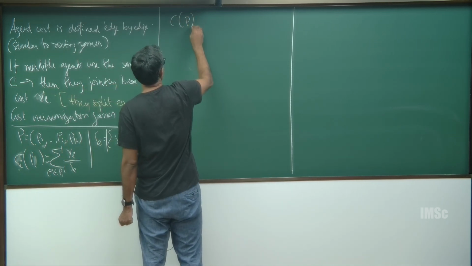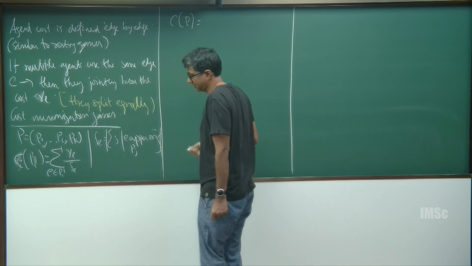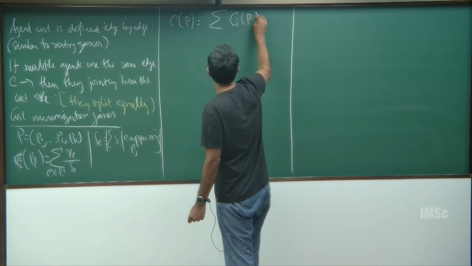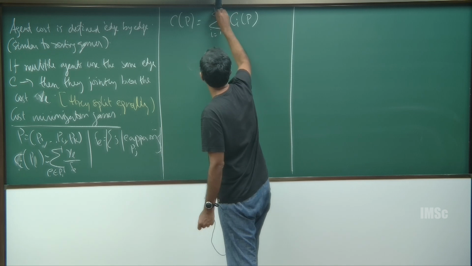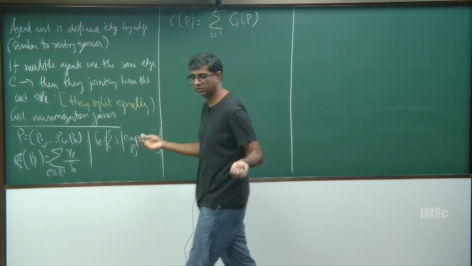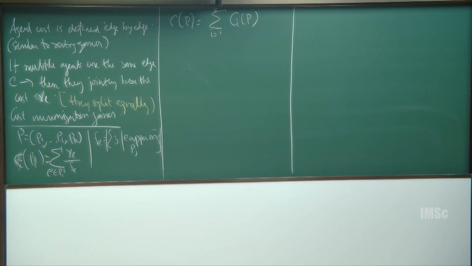And what is the cost of the path system? These could be people who could have defined it also like this. What is the cost of the whole system is this, but they define it slightly differently, which is the same.